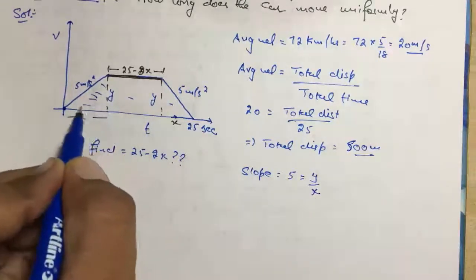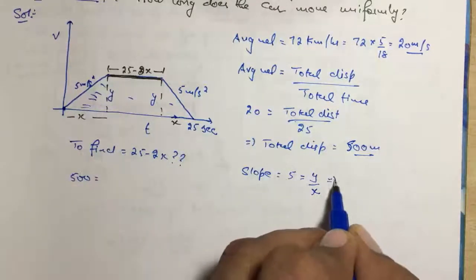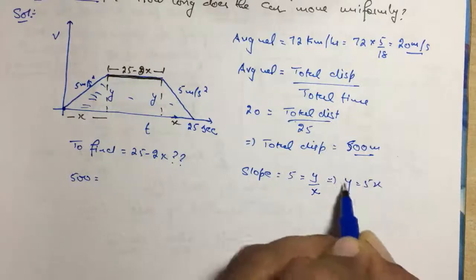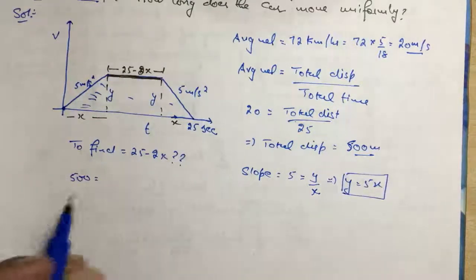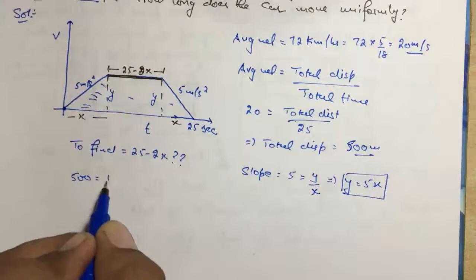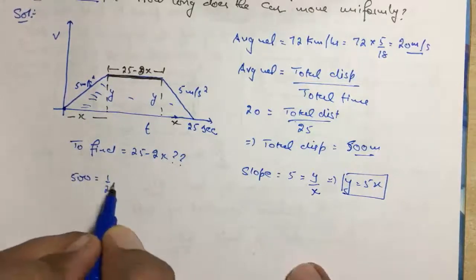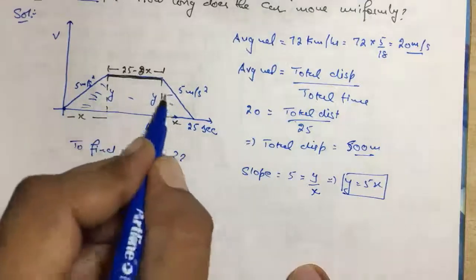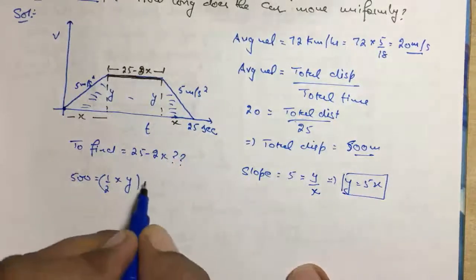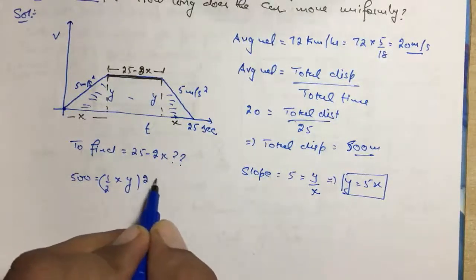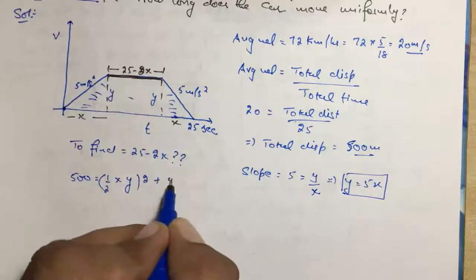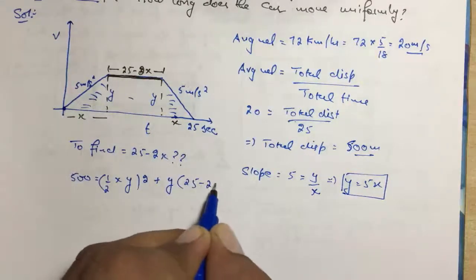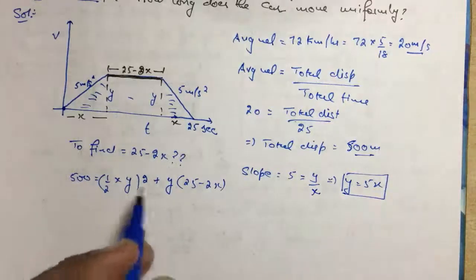In this triangle, slope is y by x. This implies y is equal to 5x. So I'll use this relation. So 500 is half into base into height. Base is x into y, and these are two triangles with same data, so I'll multiply it with 2, plus this, y into 25 minus 2x. This is what I need to find.